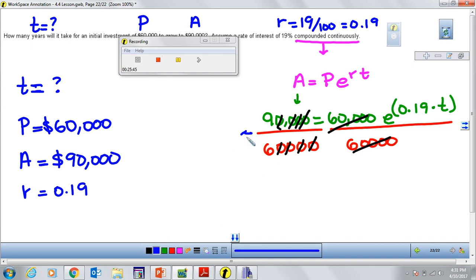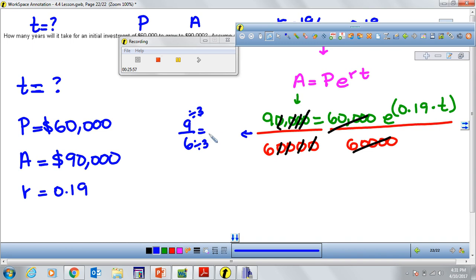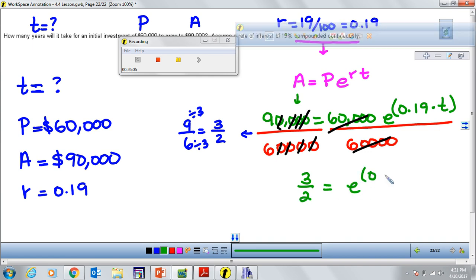What are you left with? This fraction is going to be 9 over 6. But reduce this fraction, divide it by 3, reduce it as much as you can so that you can work with small numbers. And that's going to be 3 over 2. So this fraction in simplified version is 3/2, equal to E to the 0.19 times the time.